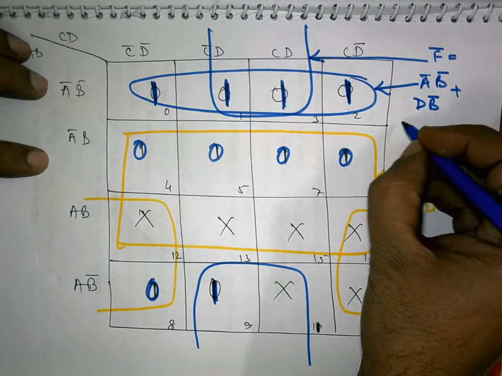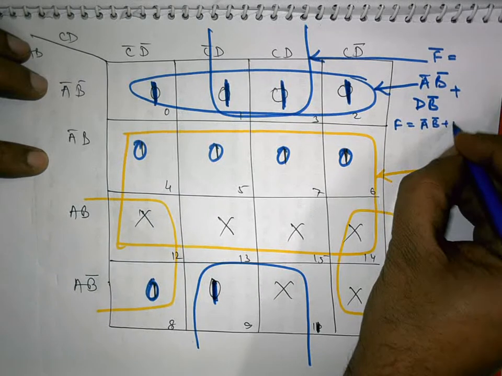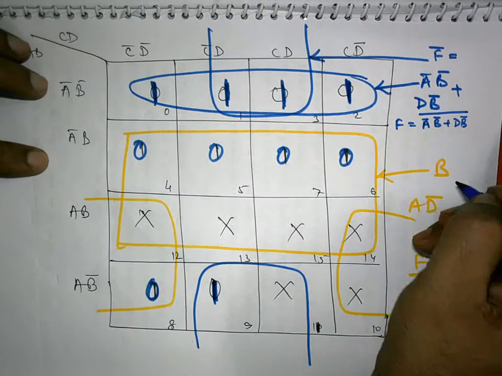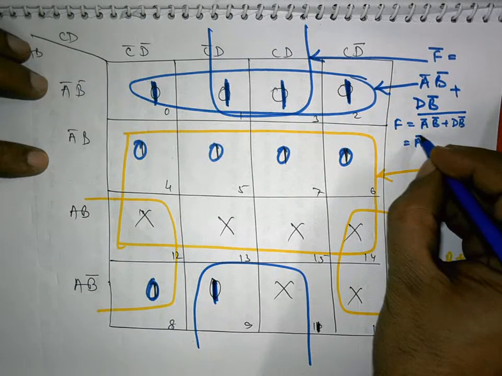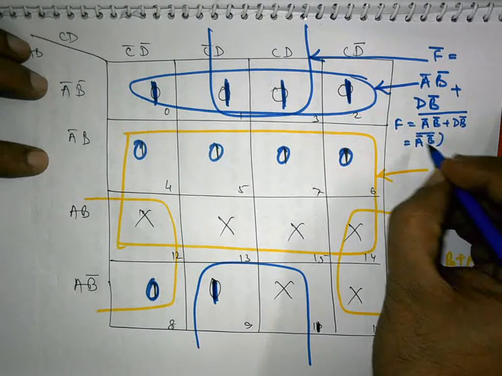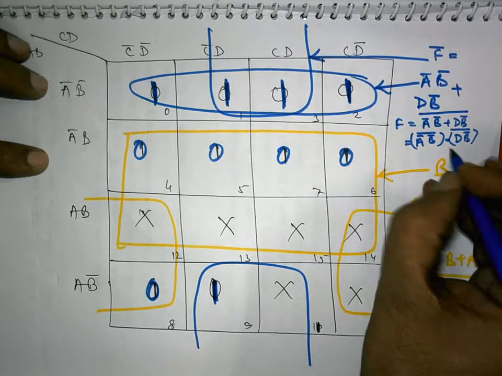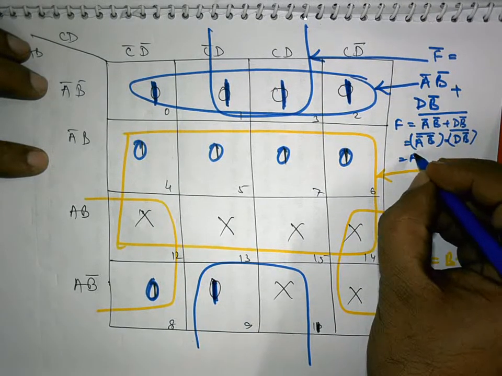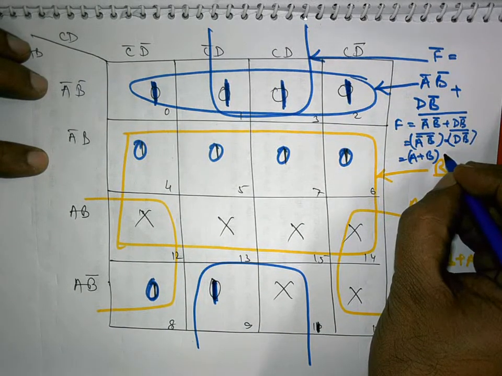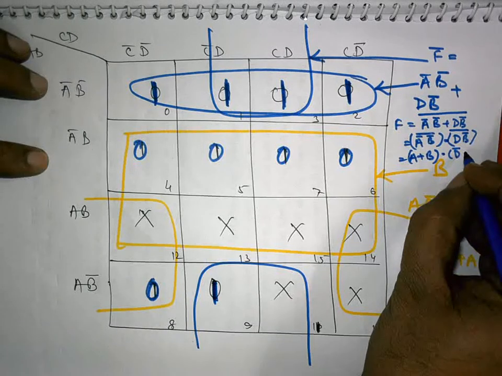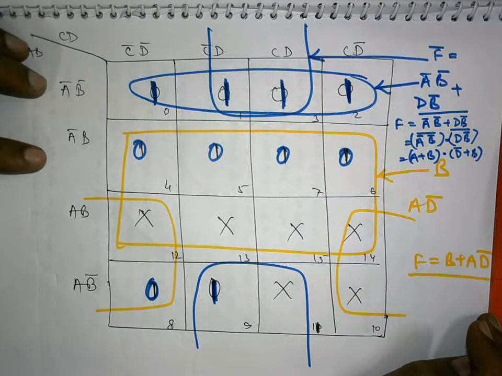What about F? F will be the complement of A bar B bar plus DB bar. You take the complement of this. This will be A bar B bar, whole bar, dot DB bar, whole bar. Am I right? This will be A plus B, apply De Morgan's theorem, dot D bar plus B. Okay.